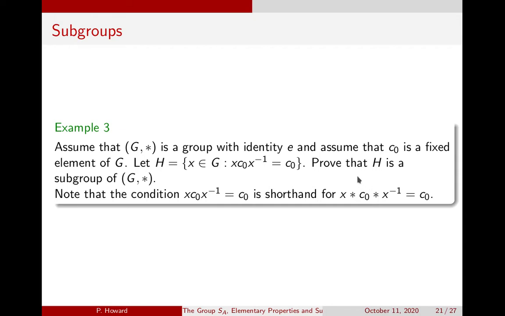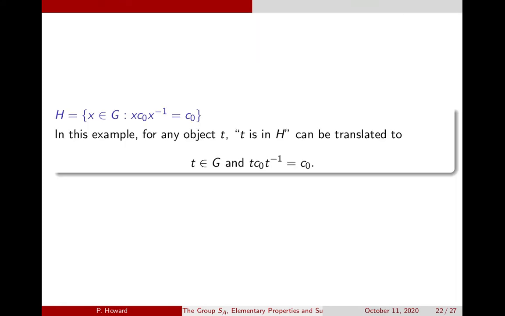We want to prove that H is a subgroup of G star. So in this example, for any object T, T is in H can be translated to T is in G and that T times C sub 0 times T inverse is equal to C sub 0.